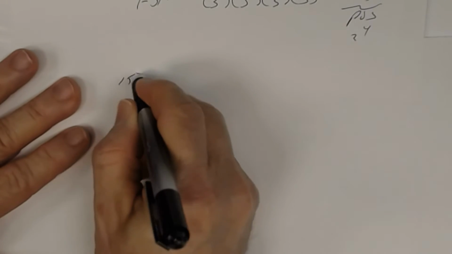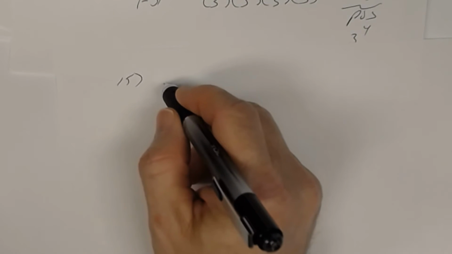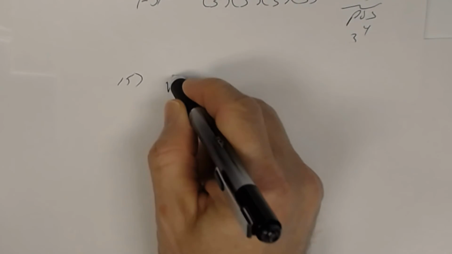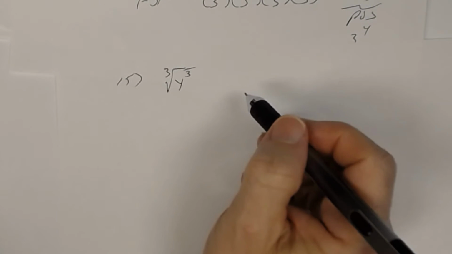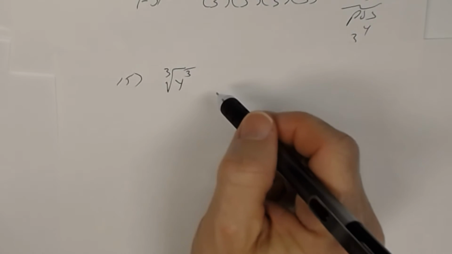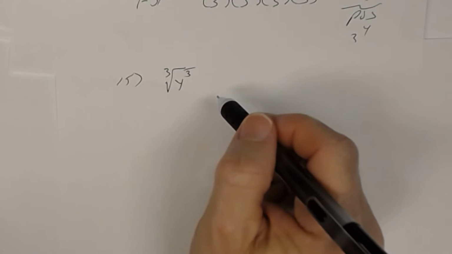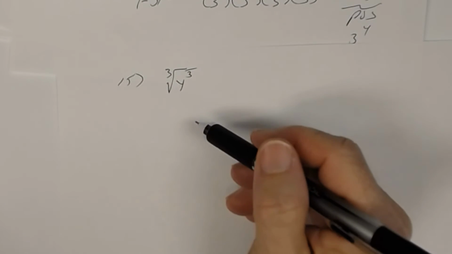Okay, number 15. All right, in 15, suppose you had this. Now we're going to start looking at variables. Suppose I had the cube root of y to the third power. Now you had something like this in a previous lesson a while back. And that's where you had to start looking at the absolute value. Remember, we saw absolute value a while ago.